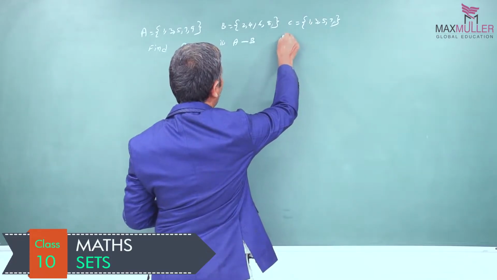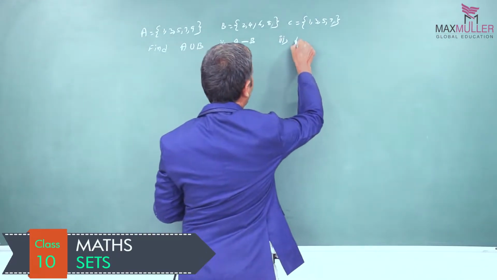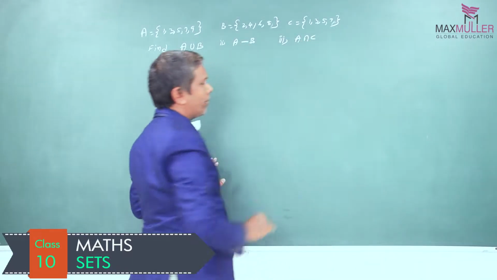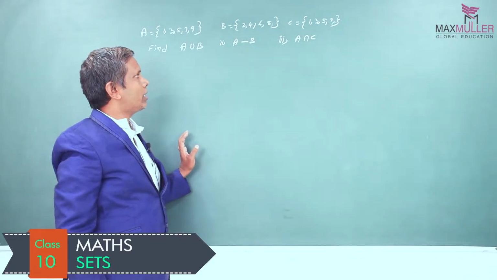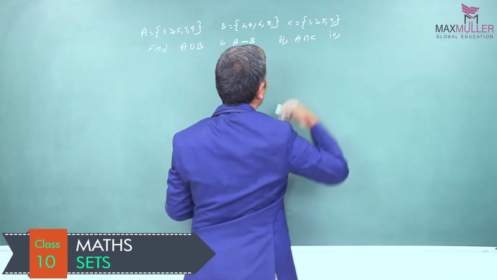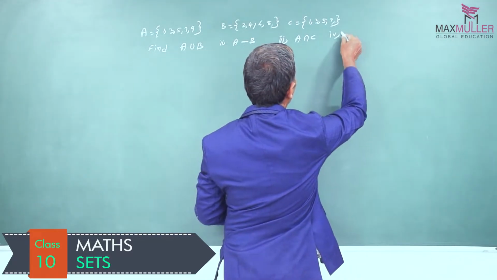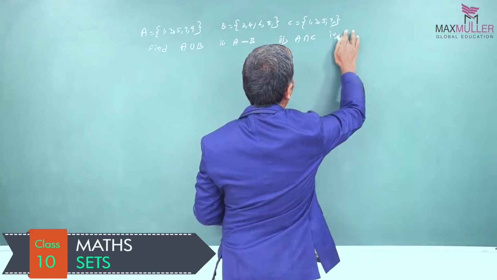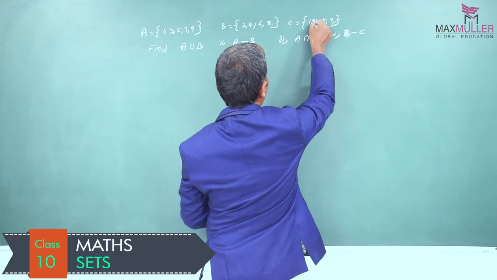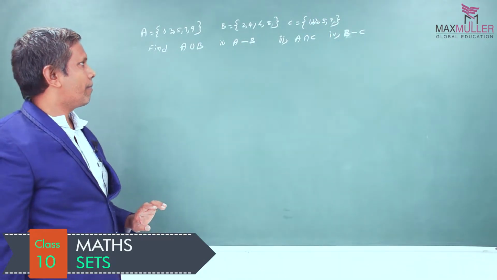And also third one, A intersection C, and fourth one, B minus C.